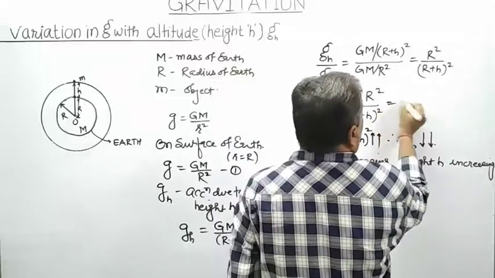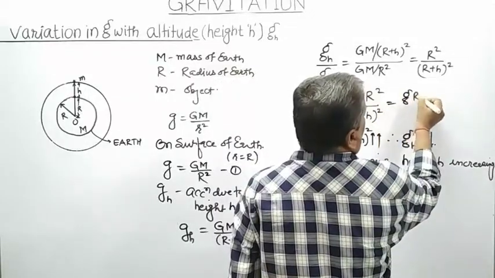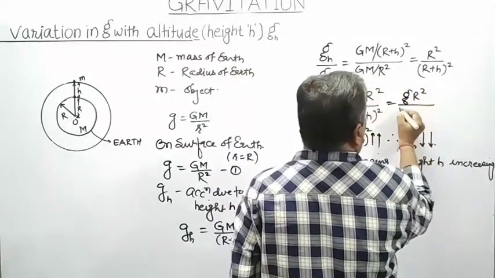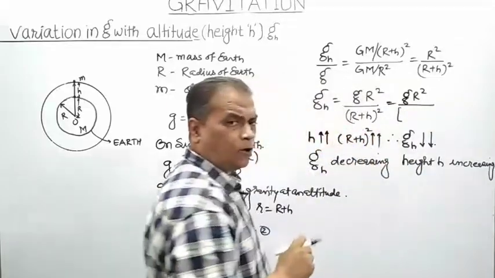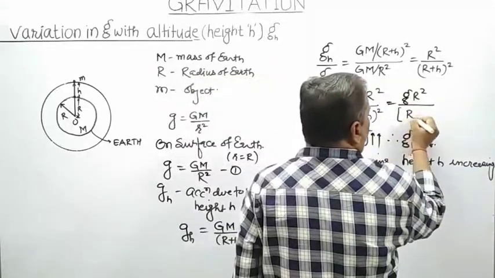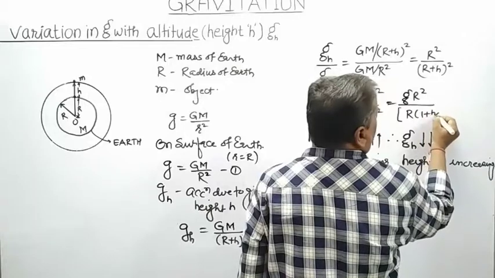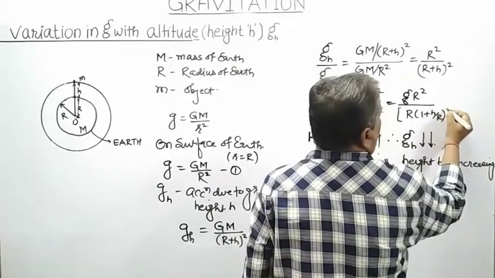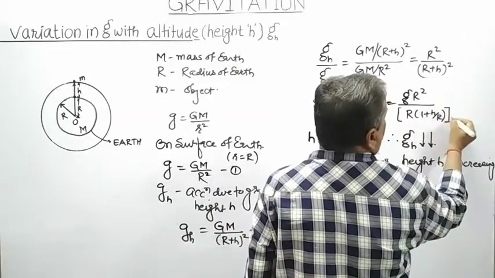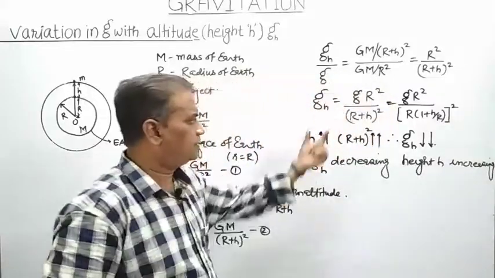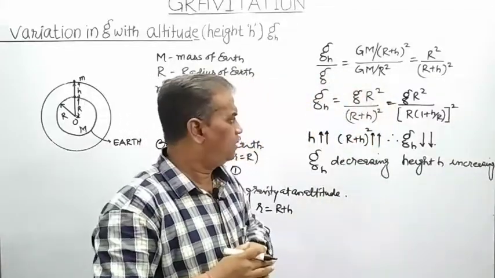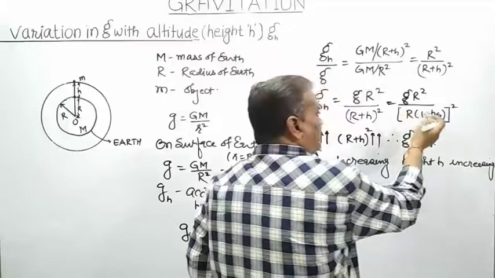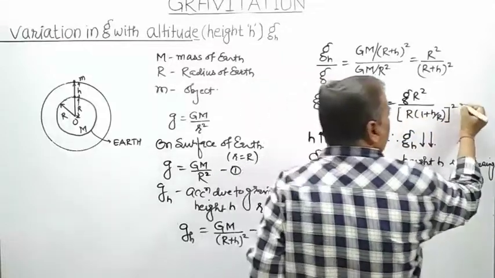So the expression will be g into R square divided by, see here, when I take R common, what is left here? 1 plus h divided by R, and its square. That square is as it is. When this R is taken outside, it becomes R square.